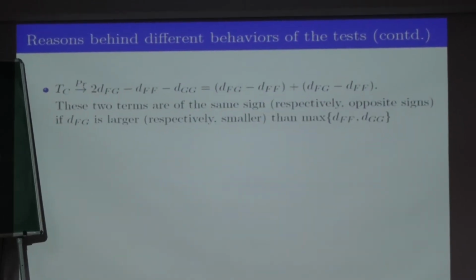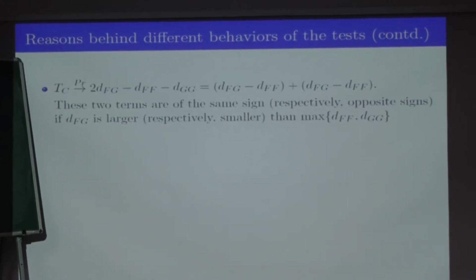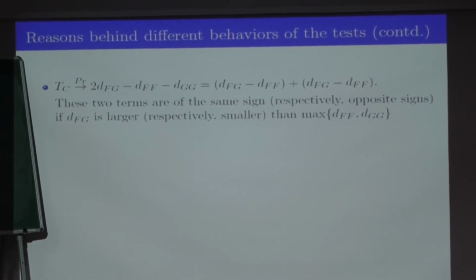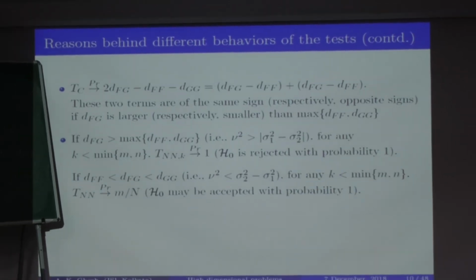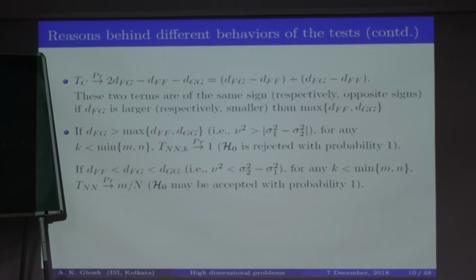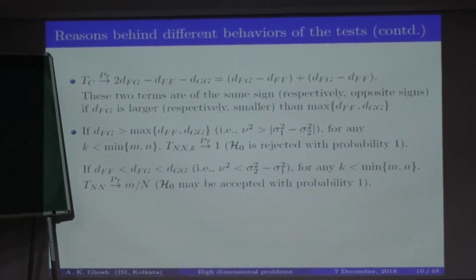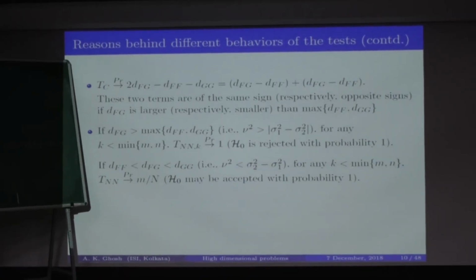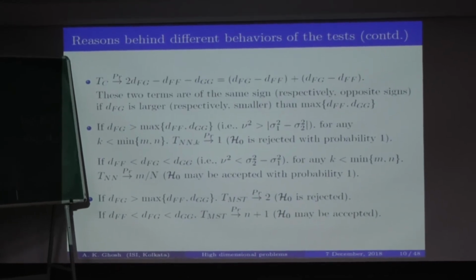As a result, the cancellation goes on, and we may have some value close to 0, which leads to the acceptance of the null hypothesis, and that is why we had lower power here. And for the nearest neighbor test, I have already described the phenomenon, so I am skipping it. For the test based on the minimal spanning tree, I have also described it.